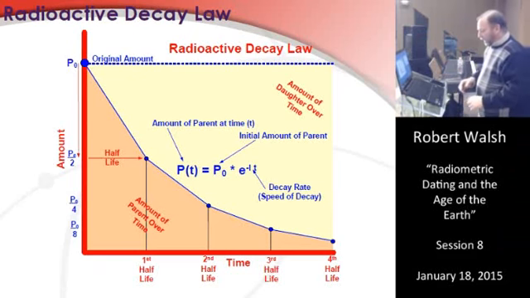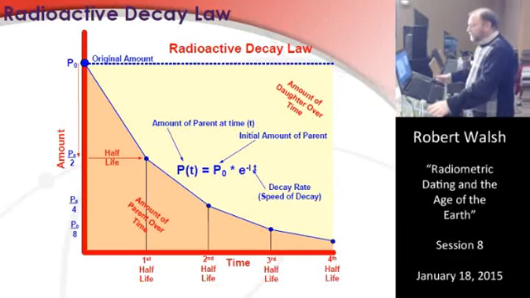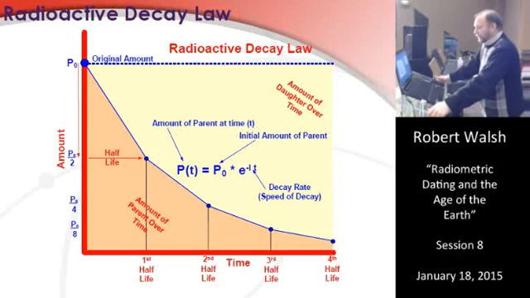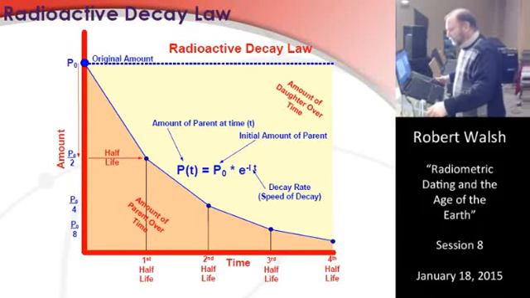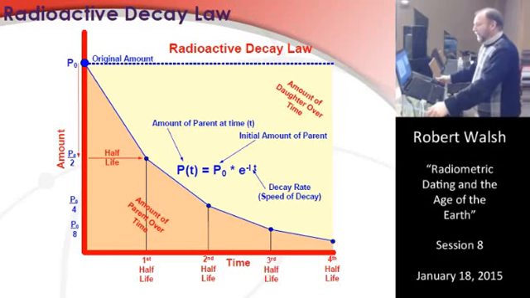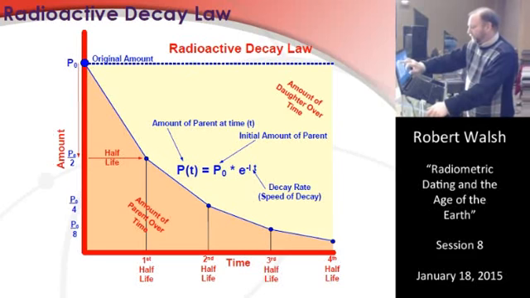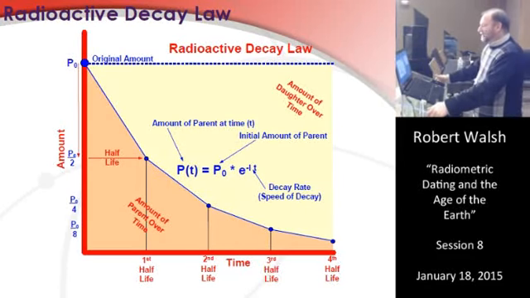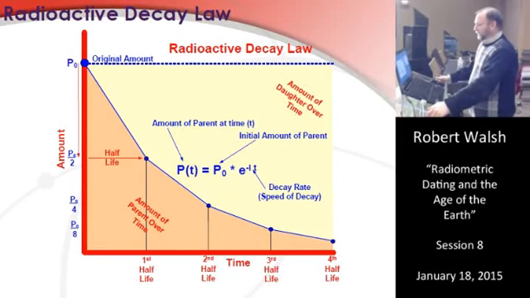And what this law is saying is, on the ordinate, or the vertical axis, is the amount of radioactive material. Time is on the horizontal axis, the abscissa, if you remember your algebra. The original amount, we'll say, starts at P0, the initial parent amount.